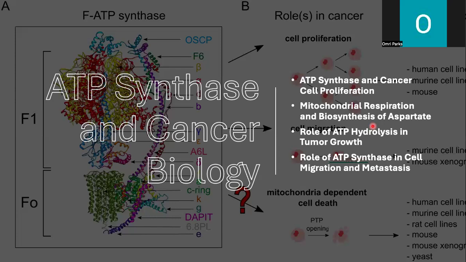It's also important to note that the authors also proposed that ATP synthase is a crucial player in the formation and regulation of the mitochondrial permeability transition pore, or PTP, which is a key component of apoptosis.